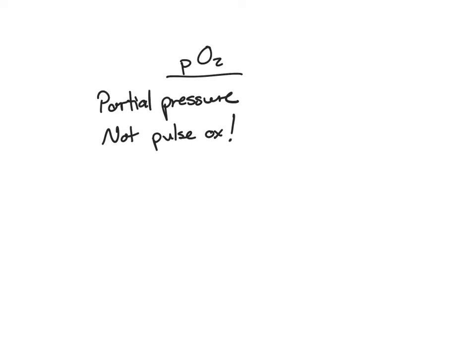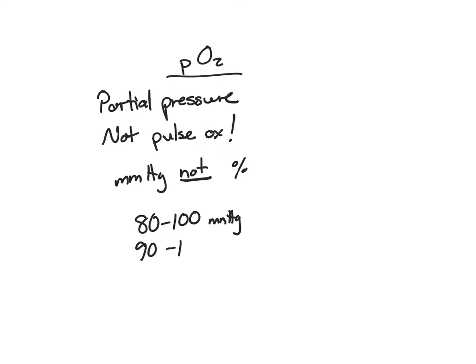That's something separate. The partial pressure of oxygen is measured in millimeters of mercury, not a percentage. The normal values for adults are typically 80 to 100 millimeters of mercury. For kids, we do usually see it a little higher, 90 to 100 millimeters of mercury.